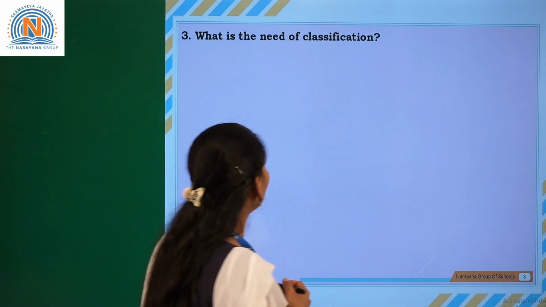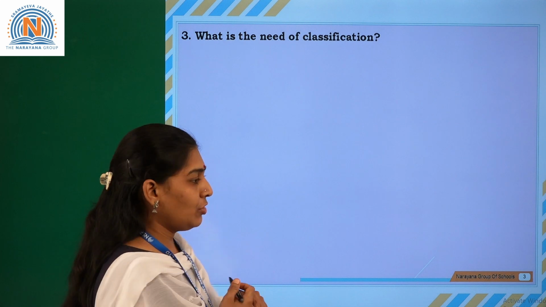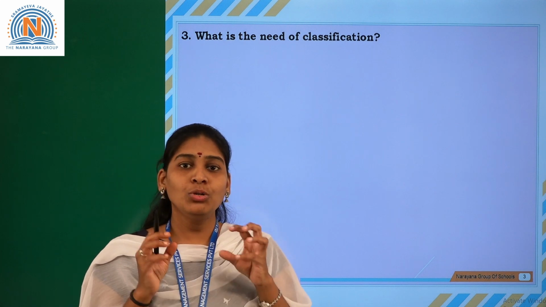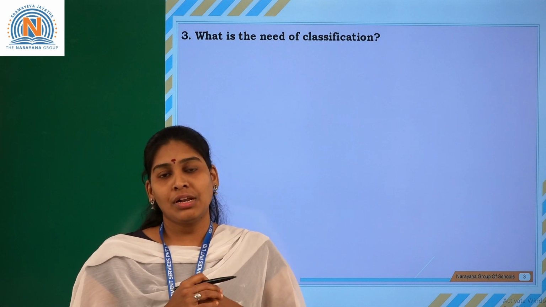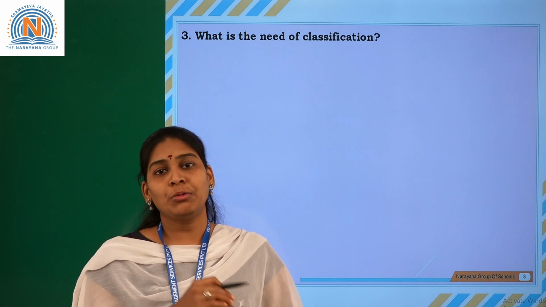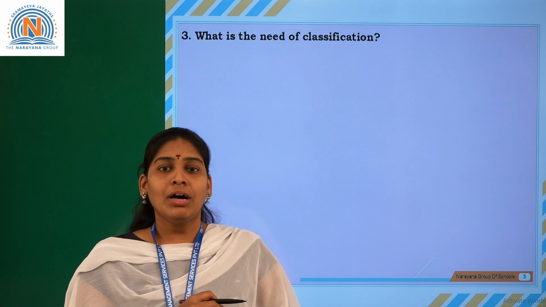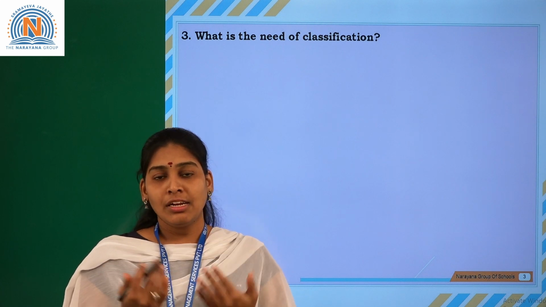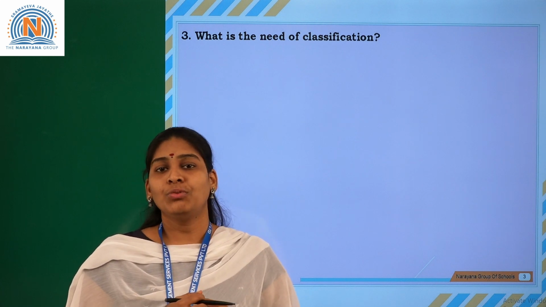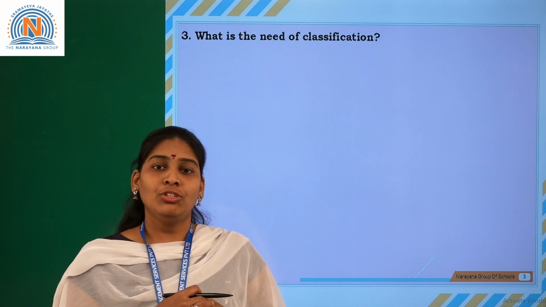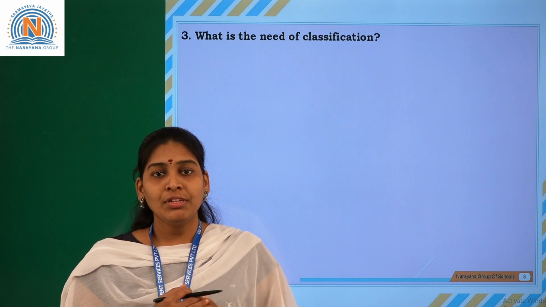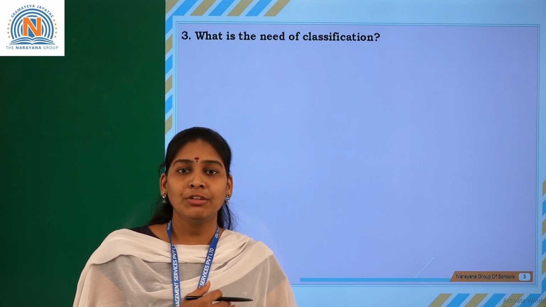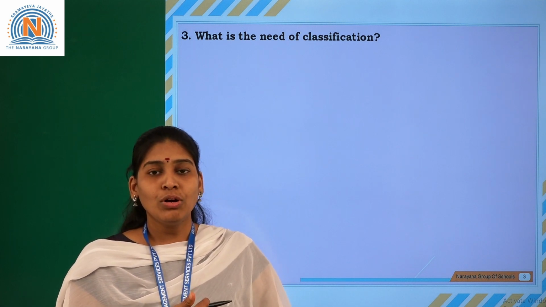The next question is, what is the need of the classification? Why do we need to group the organisms? We have that many organisms in our surroundings. We know very little about them. We need to know about the internal and external characteristic features which are useful to us, and we need to know about the harmful ones also, because they may cause us harm, and before itself we can prevent some kinds of diseases. So we need to know about that.